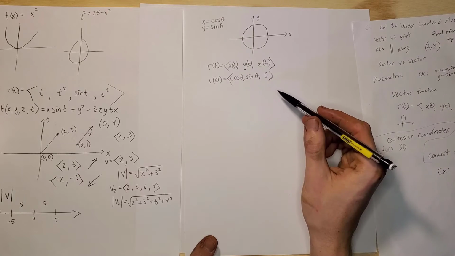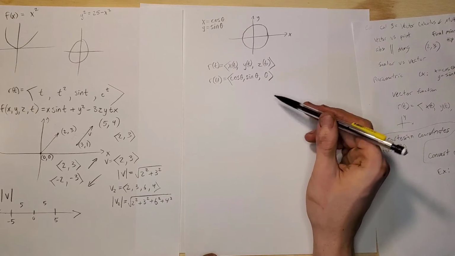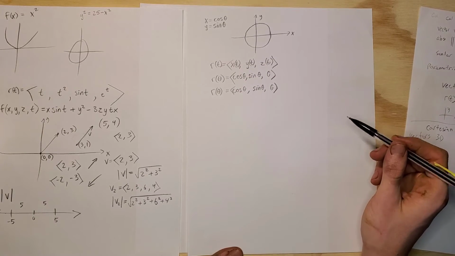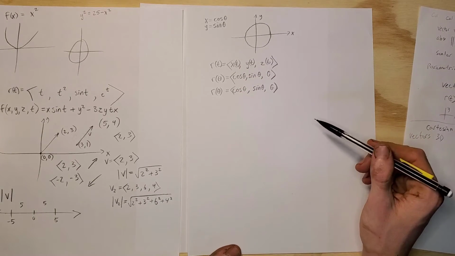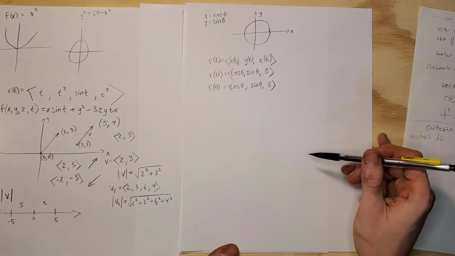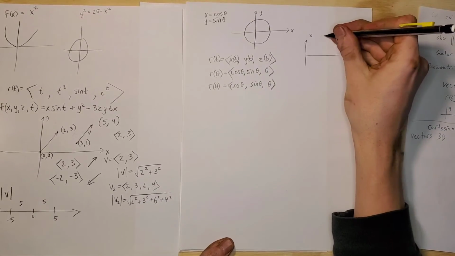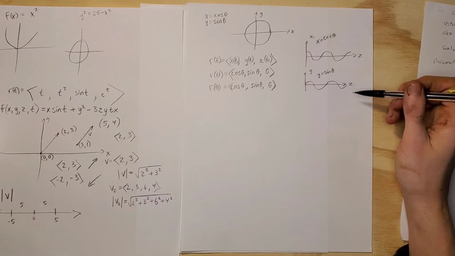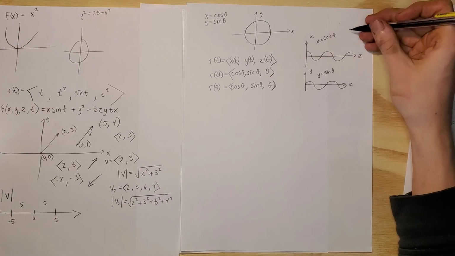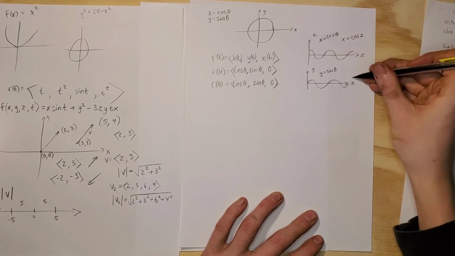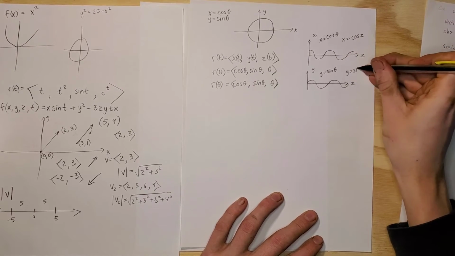I prefer to think of the unit circle as a three-dimensional figure. Graphing this out in 3D space reveals a helix where, when looked upon from the xy plane, gives us this circle, and when looked upon from the xz plane, it gives the cosine of theta, and the yz plane gives you sine of theta, where z equals theta, so x equals cosine of z, and y equals sine of z.